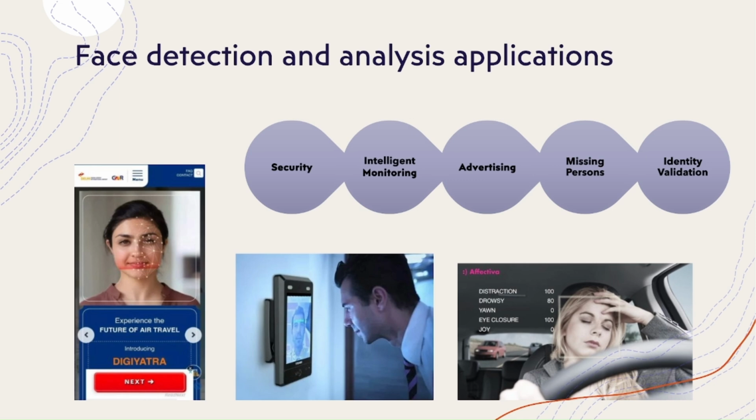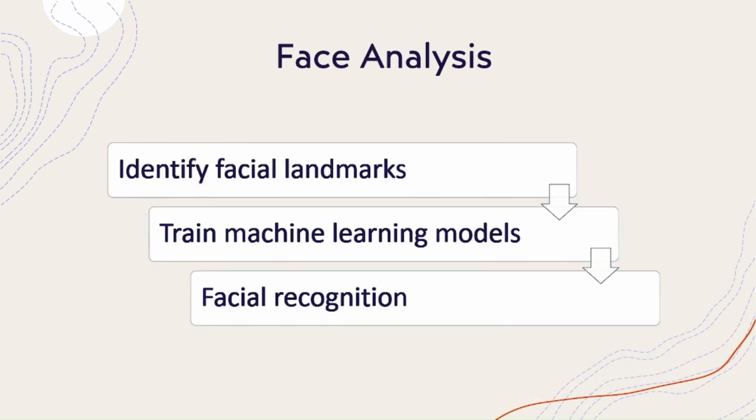Next, let's talk about facial analysis. Facial analysis takes things further. It does not just detect the faces, it extracts key facial features like the eyes, nose, and lips, and where all these components are present in the face.